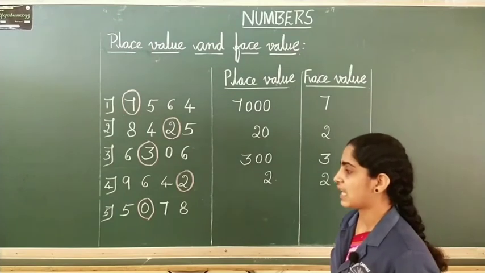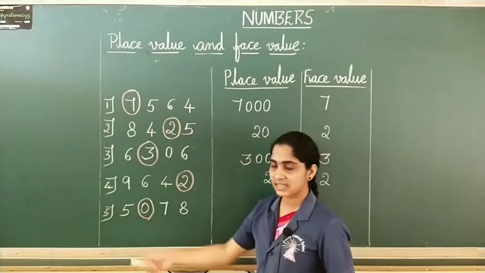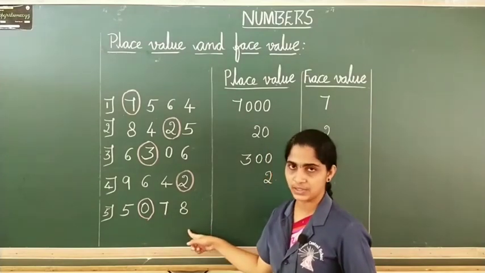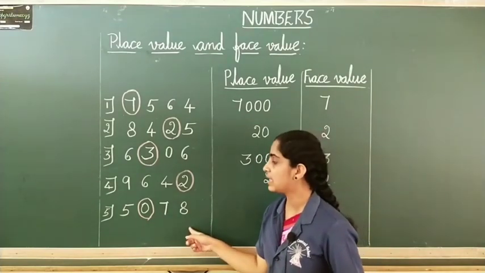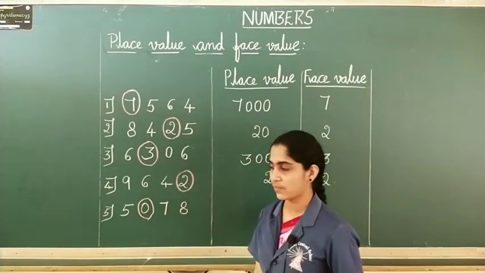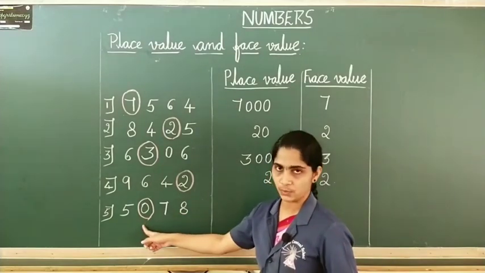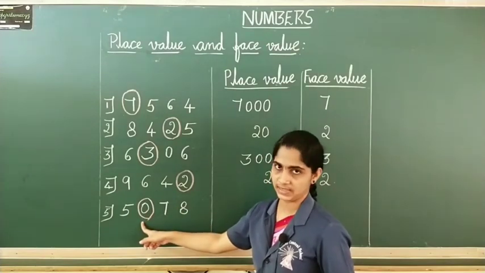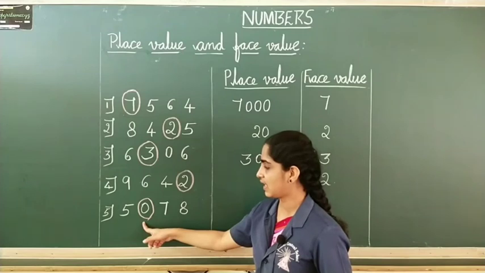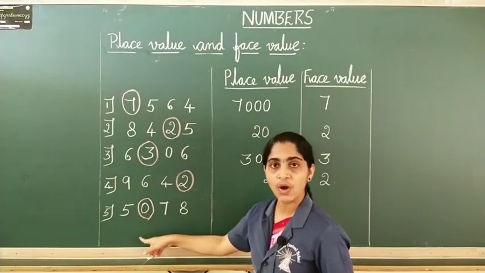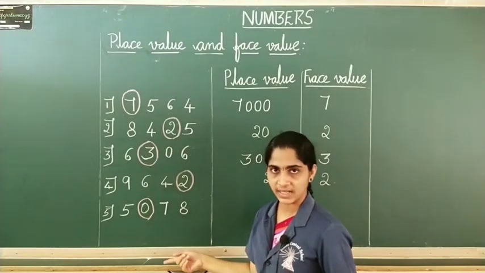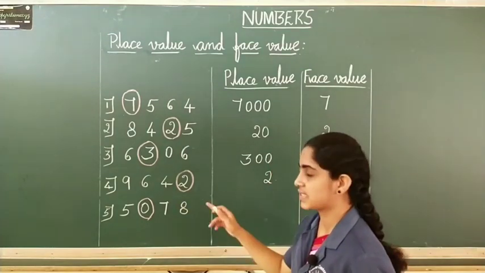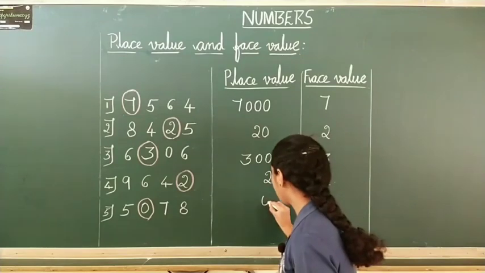Okay, let us move to the last example. You can see here the digits 5, 0, 7, 8. Now we have to find out the place value and face value of this digit 0. Now this 0 is in hundreds place. And you can see here there are 0 hundreds, correct? So there is no 100 here. So the value of 0 is 0 itself.